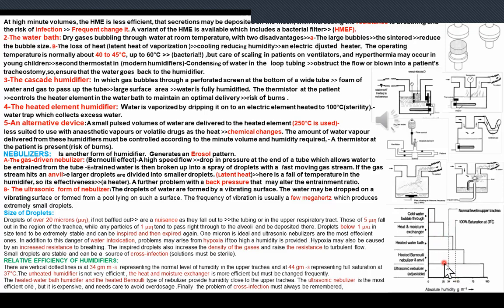Meanwhile, the other ones, as we can see, can induce the amount required. Up to 100 can be induced by the ultrasonic nebulizer. So this is the correlation between the amount required and the types of humidifier being used. Thanks a lot.